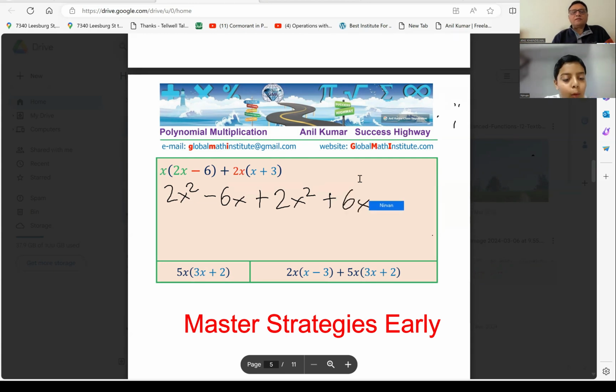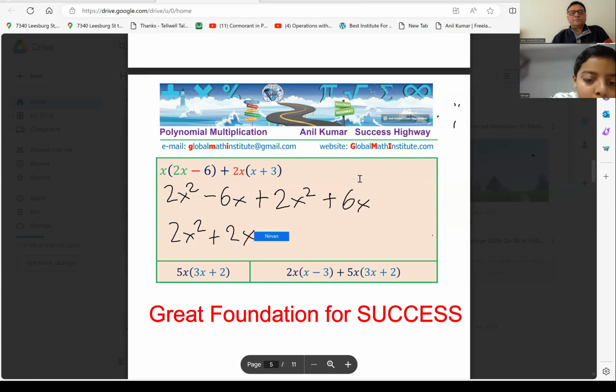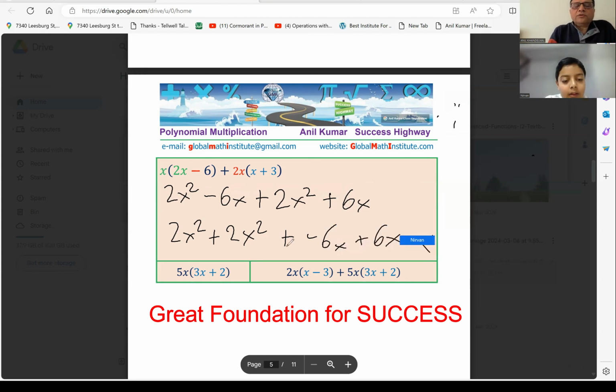Perfect. Now we have to arrange the terms from highest power to lowest. So you would again do 2x squared plus 2x squared, plus, let me keep this separate, minus 6x plus 6x. So no need to write this plus and minus. You can write straight away minus 6x plus 6x.